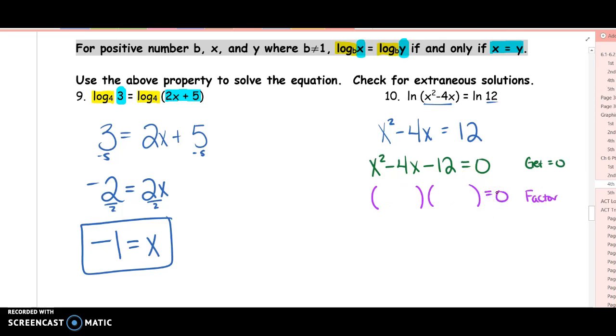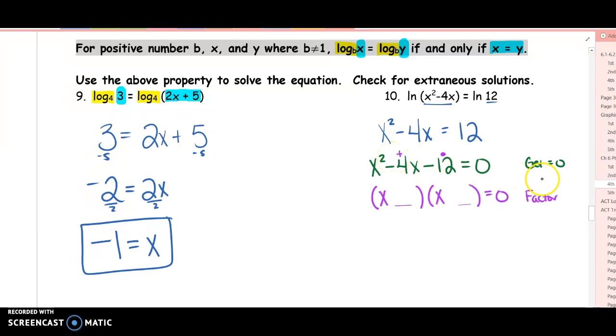When you factor, if it's plain x squared, it's going to factor into x plus or minus something times x plus or minus something. Those somethings are determined by two numbers that multiply to give you negative 12 and add to give you negative 4.